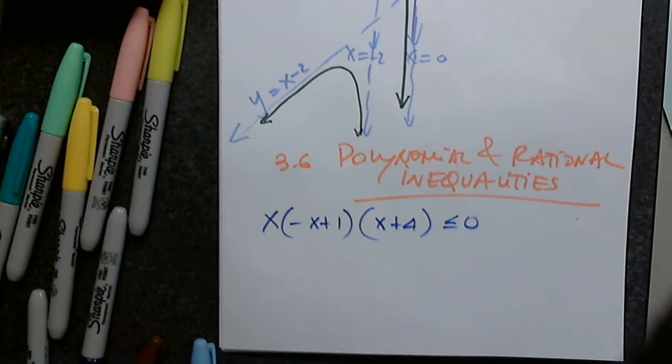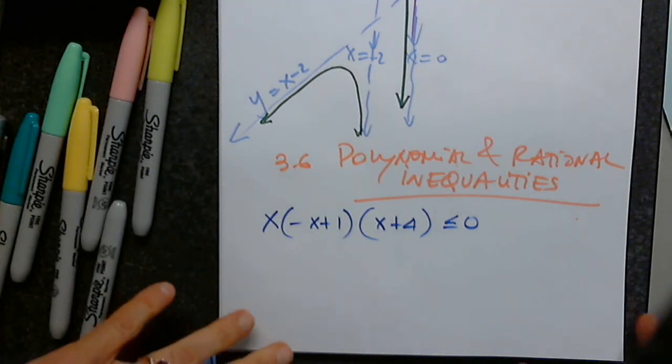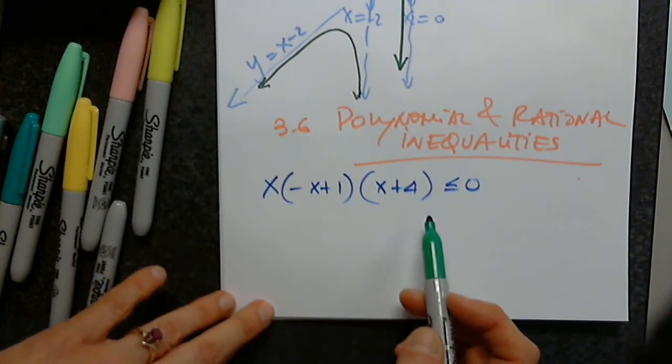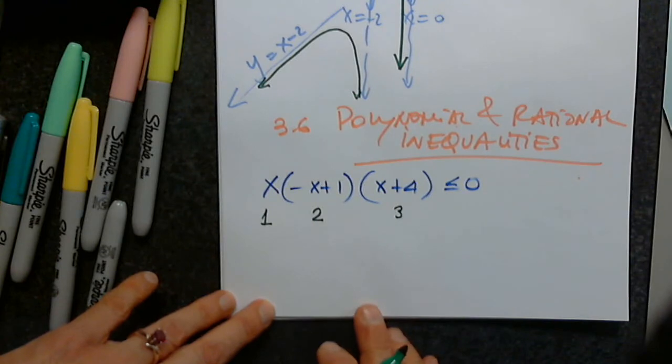I don't need it. I want it like this. It's degree 3. So this is not a linear inequality. It's not even quadratic. But quadratic or polynomial will be solved in the same identical way. Okay. How many factors again do I see on the left? Factor number 1, factor number 2, and factor number 3, correct?